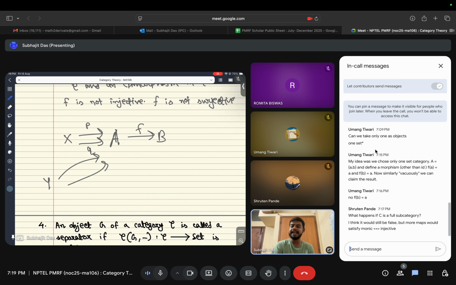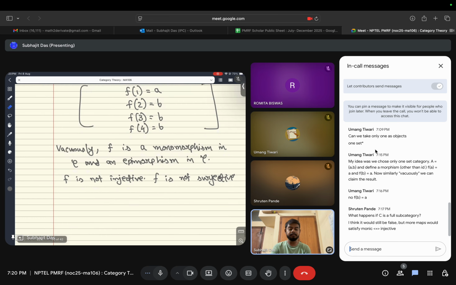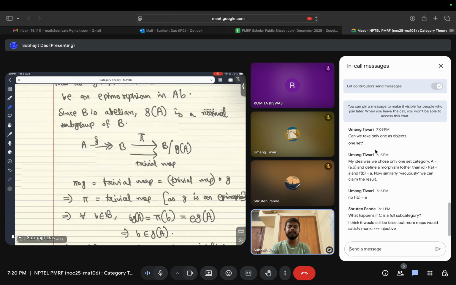But that is nowhere guaranteed here, because you don't have control over the object Y. It is an arbitrary object. So it still fails, and you can produce examples.